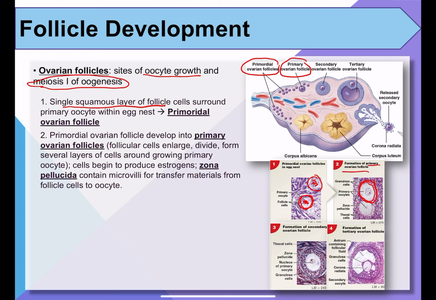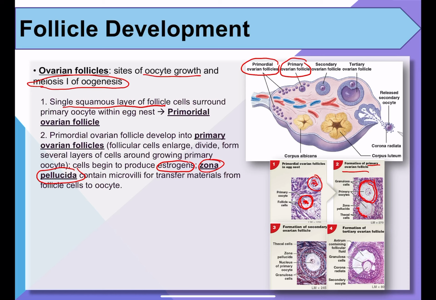They would begin to produce estrogen from these follicular cells. The zona pellucida contains microvilli within that area to transfer nutrients from follicle cells to the oocyte itself.